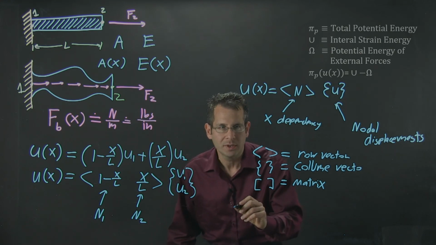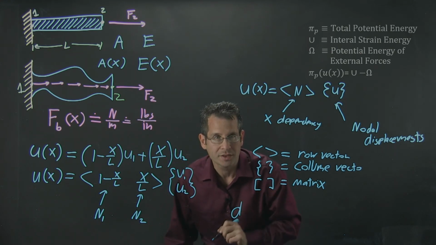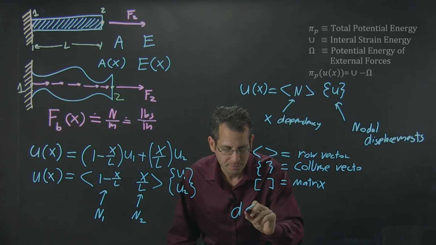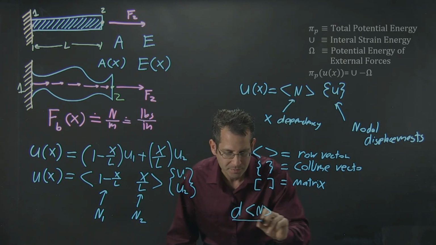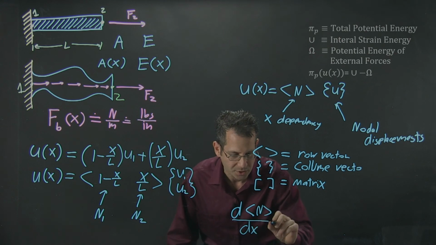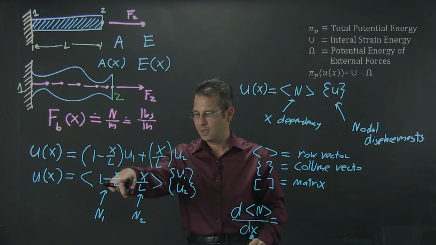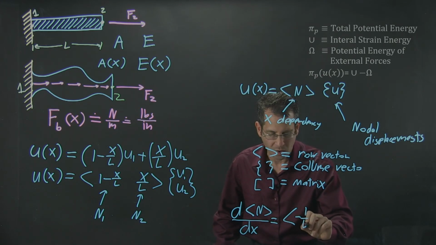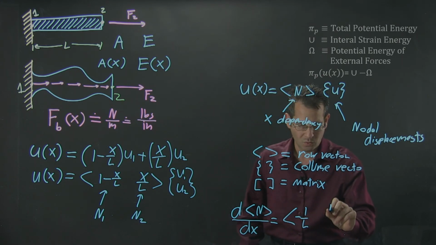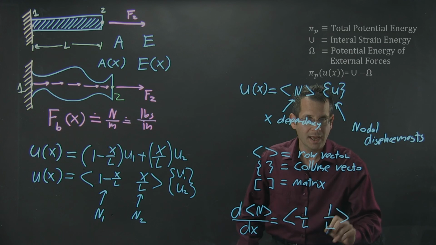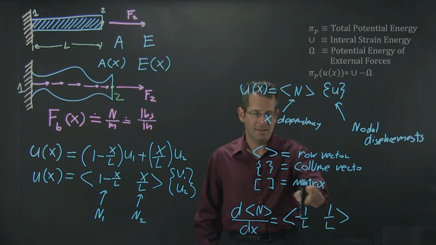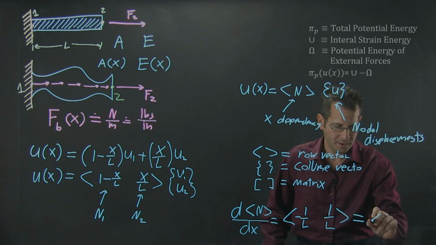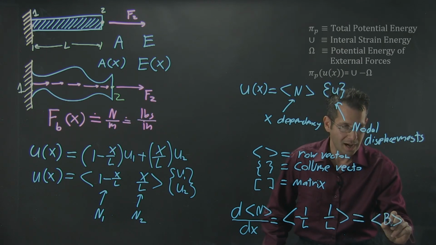For example, if I wanted to take the derivative of my shape vector, the derivative of N with respect to x, that'll give me the vector [negative 1 over L, 1 over L]. We will later learn that this vector is sometimes denoted by the capital letter B.